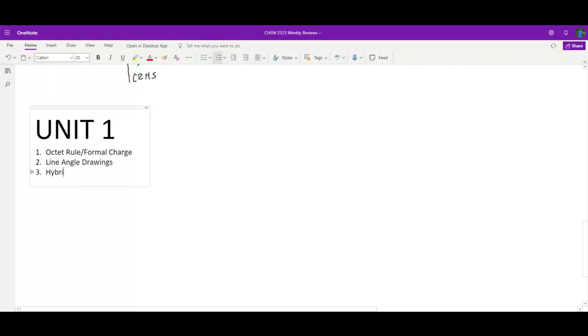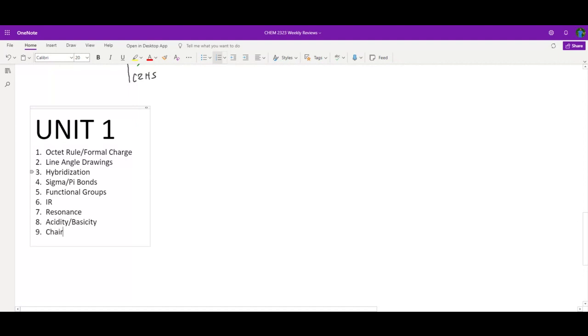You have hybridization. You have sigma and pi bonds. You have functional groups, which also means IR. You have resonance, acidity and basicity.